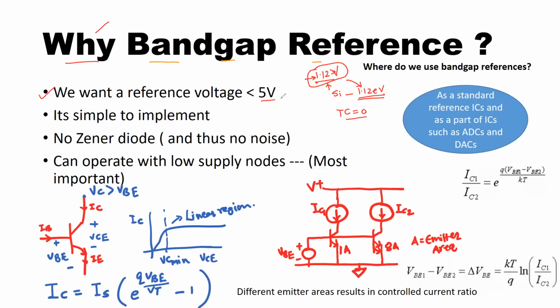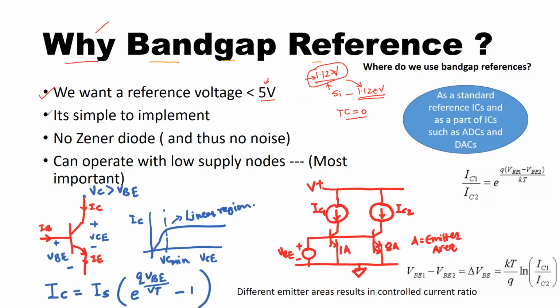Regular references using a Zener are not possible at first instance to generate references below 5 volts, because it is not easy to find Zeners with that kind of breakdown voltage.